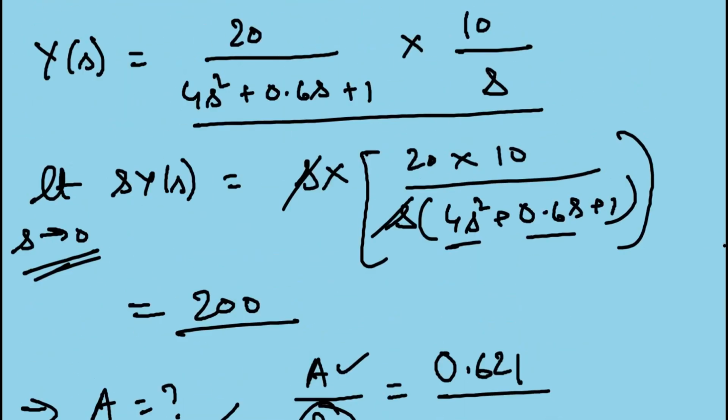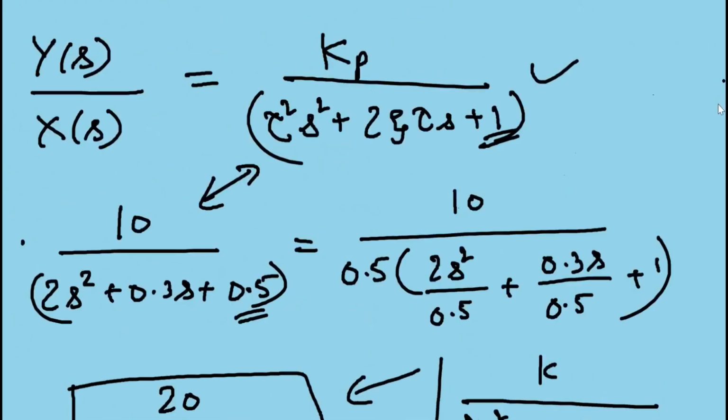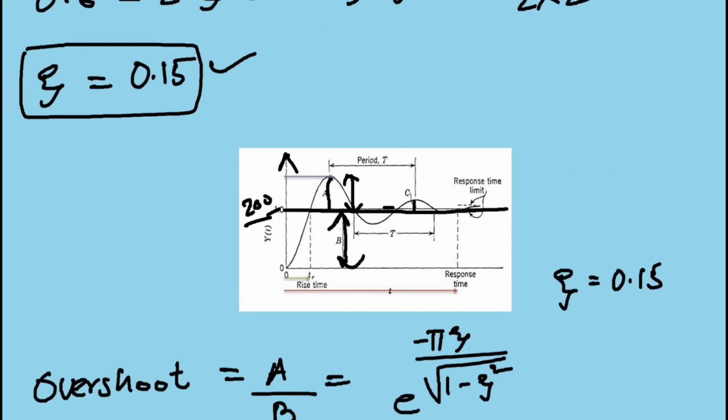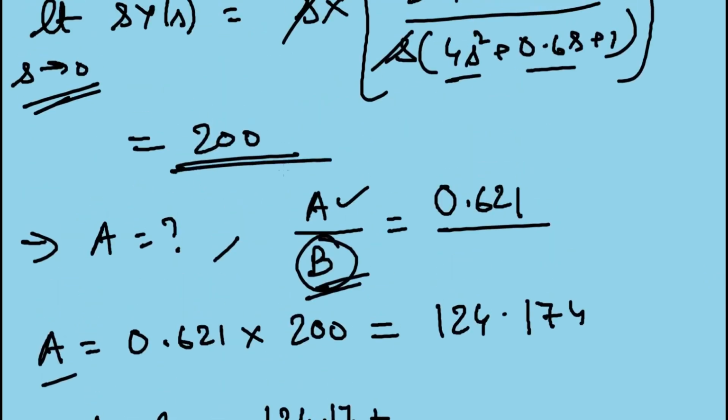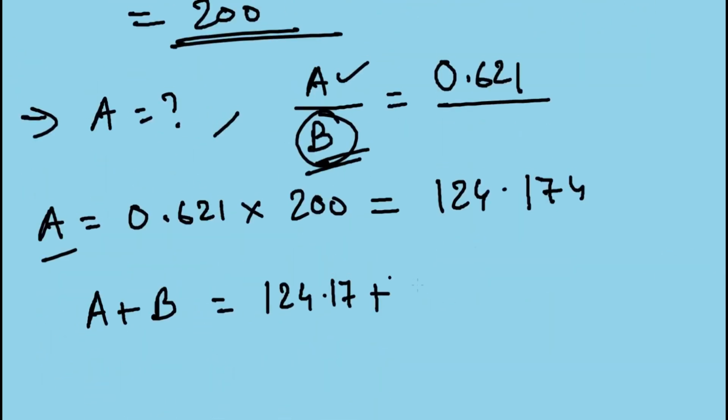I know the value of a, and I also know b, which is the ultimate value. So a plus b will give me the maximum value. Simply if I do a plus b, what will I get? 124.174 plus b, and b is the ultimate value, which is 200.